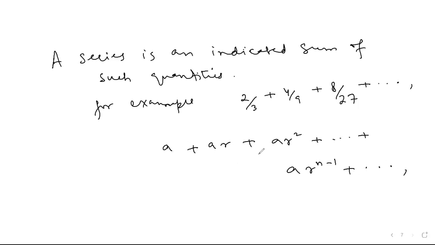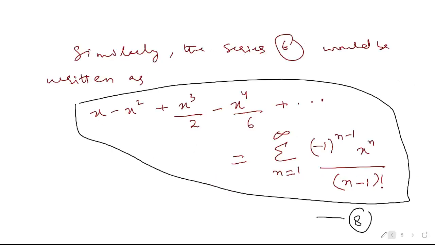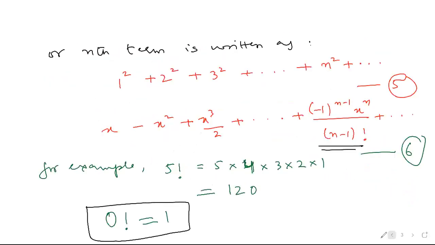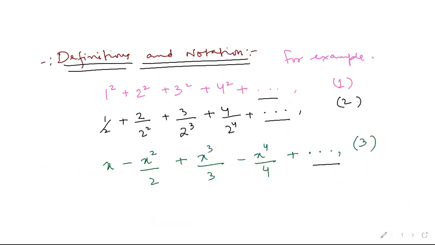So these are series. The indicated sum of such quantities is a series, as this is a series, this is a series, right? So this was about the notation and the definitions.